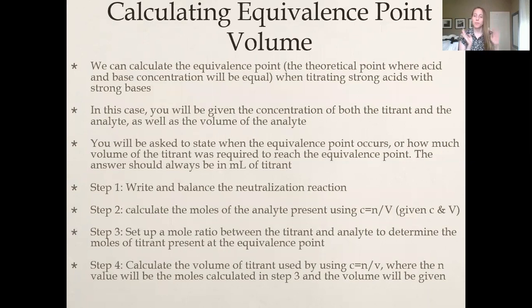Okay, we'll talk more about that later and how to read titration curves to identify what type of acid and base you're dealing with. But first, we're going to get on to another type of calculation, which is calculating equivalence point volume. So the equivalence point, again, is where the moles of acid and base are equal.